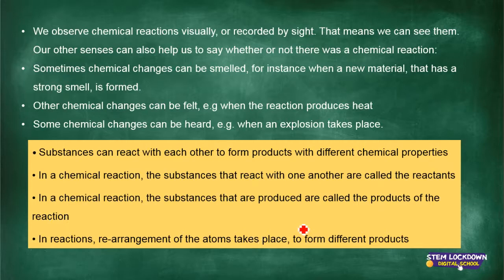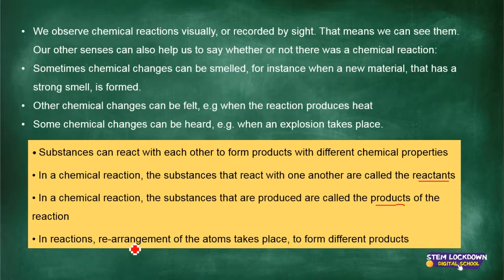Now, the substances that are produced, that means when you mix the hydrogen and the oxygen together, it produces water. So the substance that is produced from the chemical reaction is called the product. Important for you to know is, in a chemical reaction, you get reactants, and then when you add the two reactants together, you get a product.